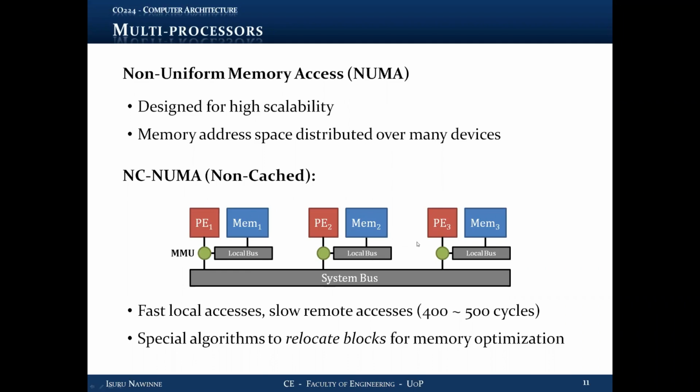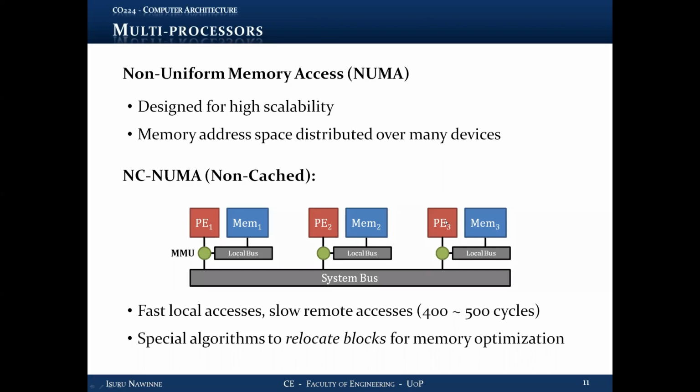Then the operating system needs to use special algorithms to relocate blocks for memory optimization. The operating system distributes the workload to these processors, right? So what thread P1 is going to run, what thread P2 is going to run, what thread P3 is going to run.